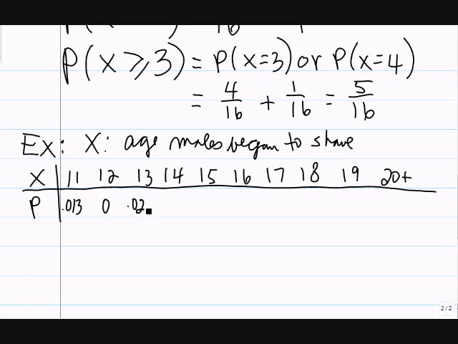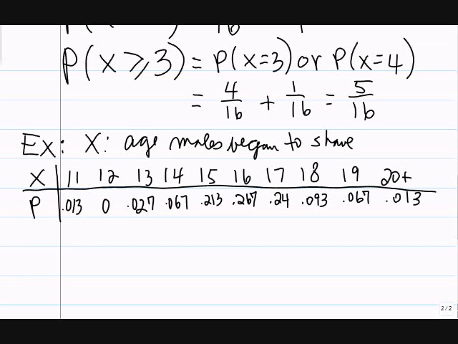And then they got 2.7 at 13, 6.7 at 14, 21.3 at 15, and 26.7 at 16, and 24% at 18, and 9.3, and 6.7, and 20 and above, 1.3.